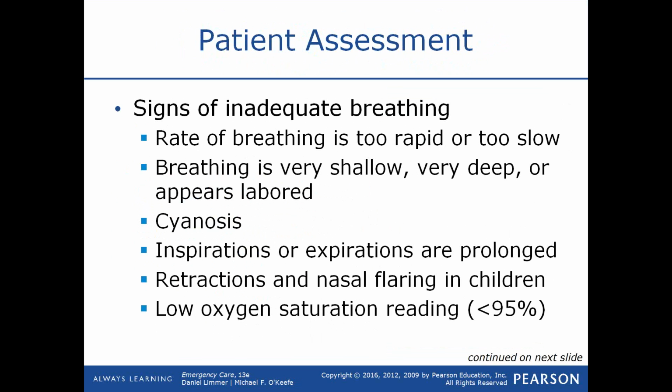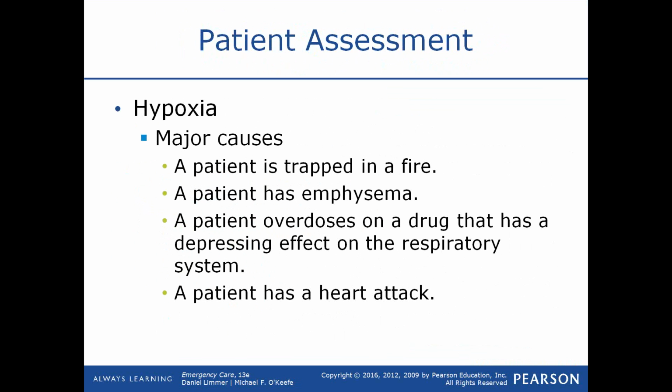In patients who have asthma, it's very common that they have prolonged expiratory wheezing. It's a noise that you hear on expiration. Their inspiration may take a second, but then to exhale may take up to 3 seconds. You may also see retractions and nasal flaring in smaller children, and then SATs less than 95% are considered hypoxia.